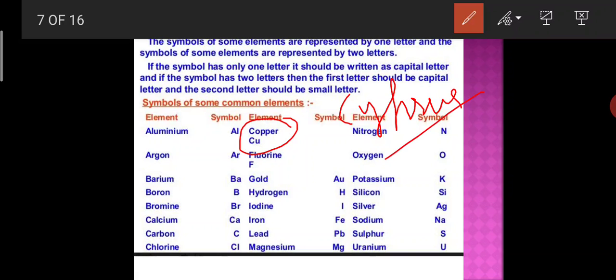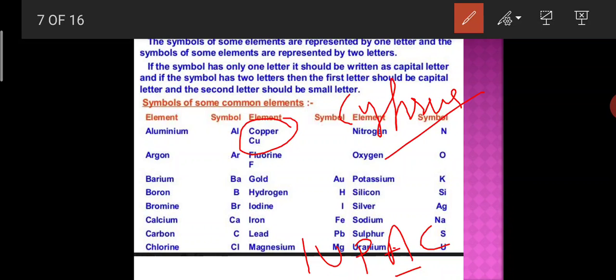Nowadays IUPAC, do you know the full form of this? International Union of Pure and Applied Chemistry is an international scientific organization which approves the names of the elements, symbols and units. Many of the symbols are the first one or two letters of the element's name in English.